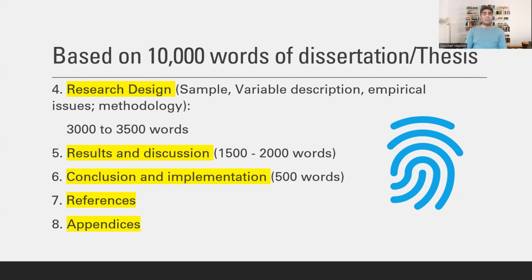You can write 500 to 700 words for the conclusion and implementation, but it depends: if your conclusion has a lot of implications, the policy side and the academic side, and you need to write a lot about how your research is important in terms of policy making, investors' awareness and all these things, it depends how important your research is.